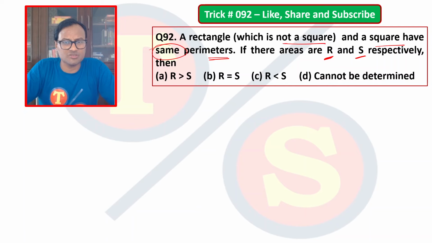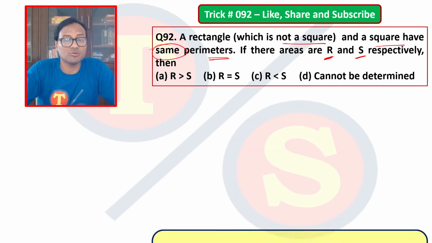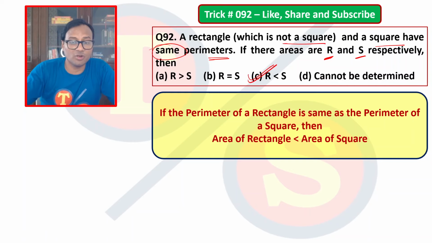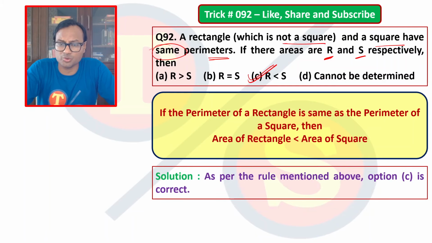You can take numbers and try to figure it out, but in general the rule is that whenever a rectangle and a square have the same perimeter, the area of the rectangle is always less than the area of the square. Right, so the rectangle will always have less area as compared to the square. Answer option C is the correct answer.